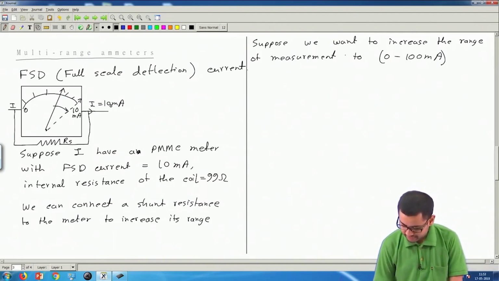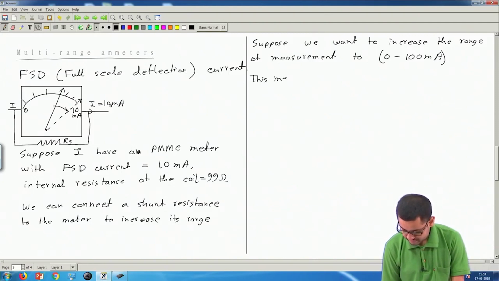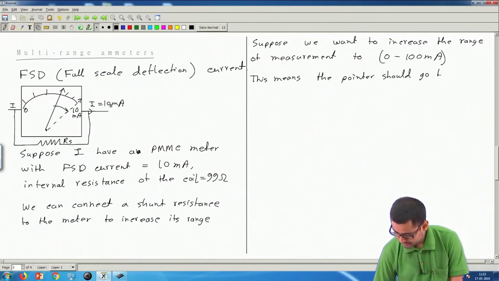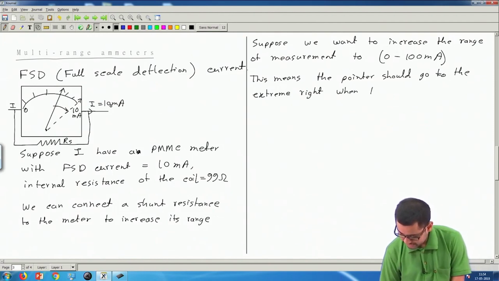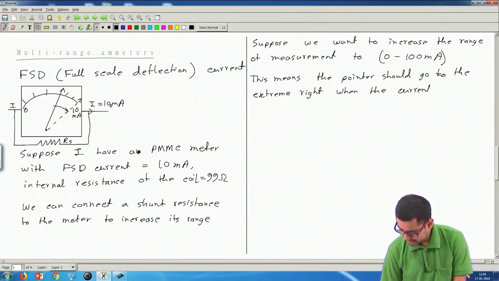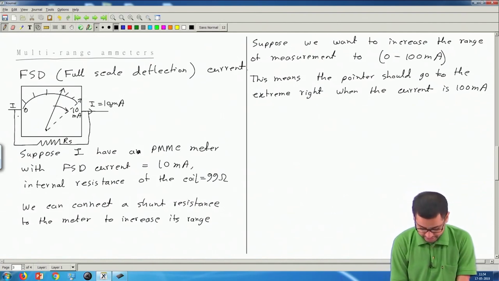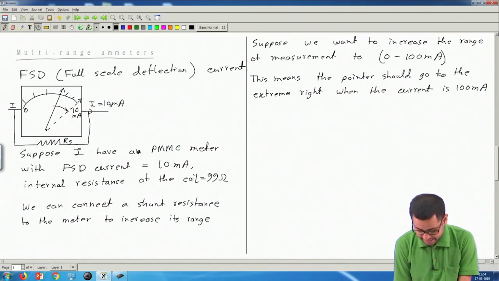Basically this means the pointer should go to the extreme right when the current is 100 milliampere, but the pointer goes to the extreme right when this current is 10 milliampere. That means 90 milliampere current must be bypassed through this branch Rs.